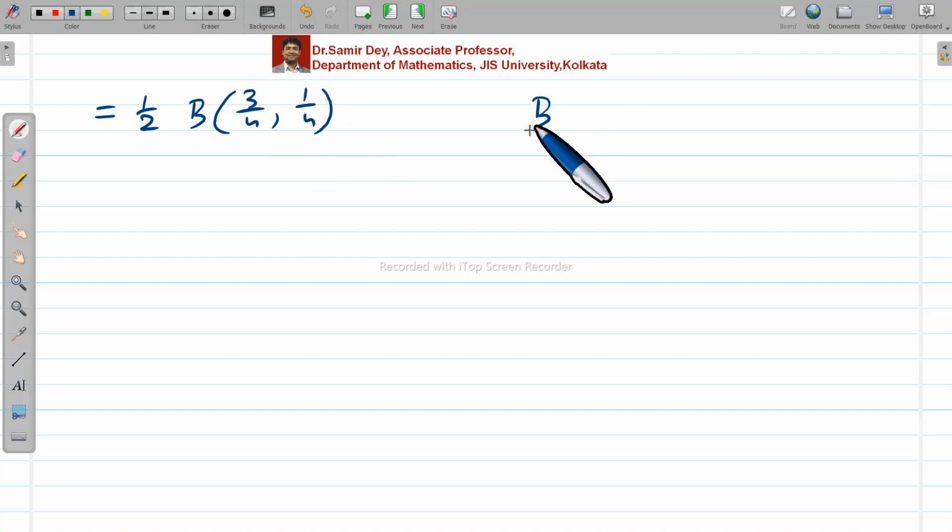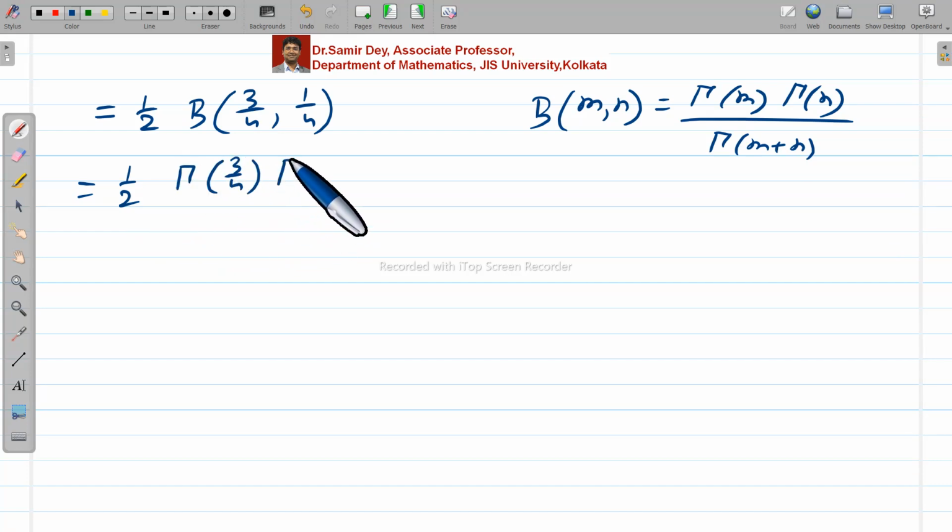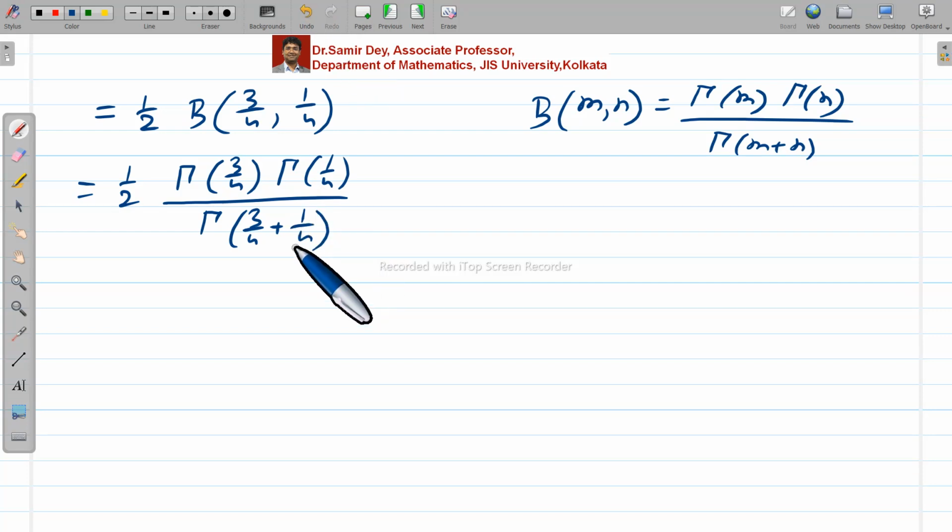Beta m n is equal to gamma m gamma n by gamma m plus n. Now you use it. 1 by 2 gamma 3 by 4 gamma 1 by 4 by gamma of 3 by 4 plus 1 by 4. Clear?